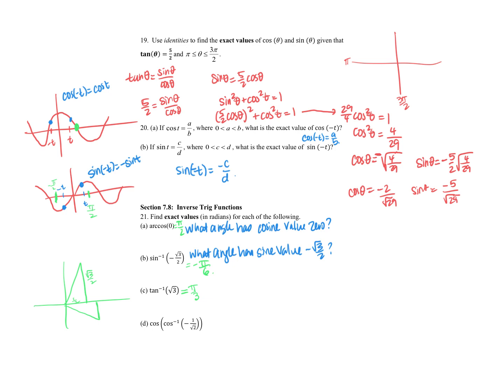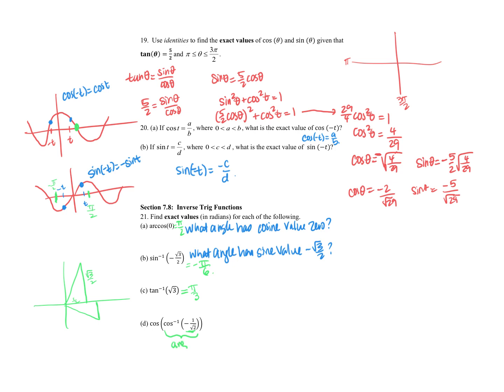And then for this one, it's saying cosine of cosine inverse of negative 1 over root 2. This cosine inverse is going to give me some angle from the output of a cosine function. So I want to find the cosine value of the angle that has cosine value negative 1 over root 2. Let me write that out in words.